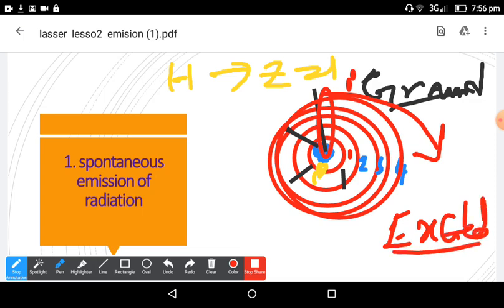So we have two energy levels. One, ground level. Second one, excited level. In ground level, the electron will have its own energy level, and in the excited level, it will have more energy by absorbing external energy. So this process, jumping from ground level to higher energy level, is known as absorption of energy.